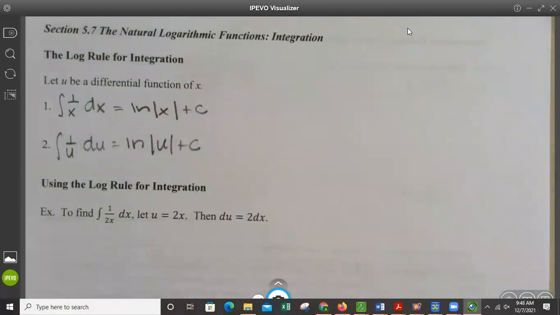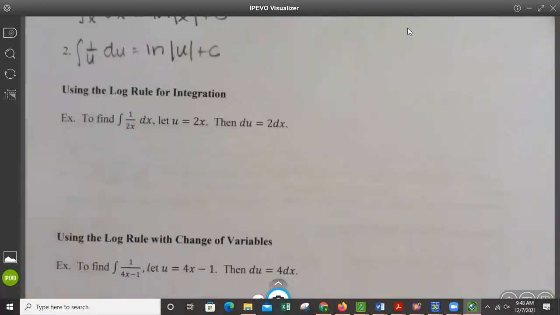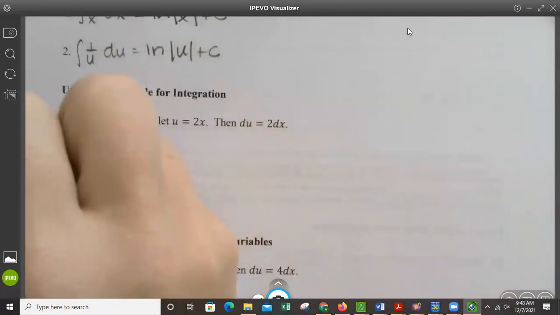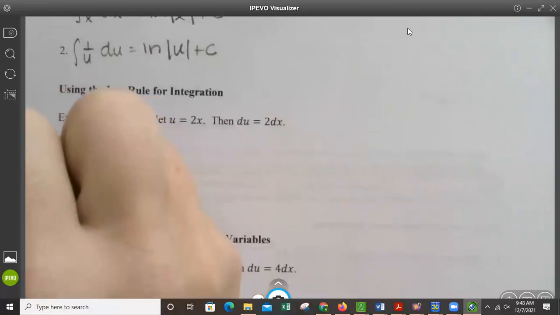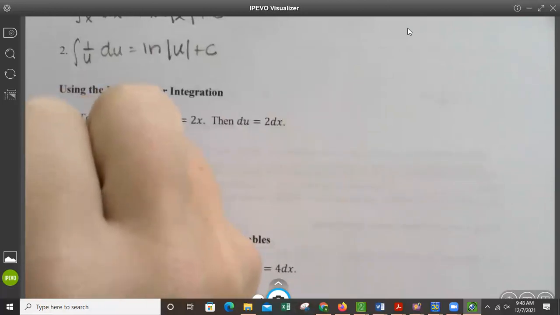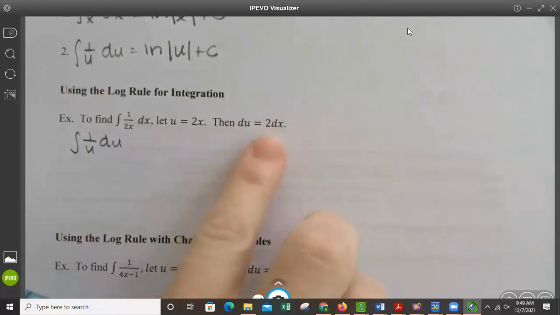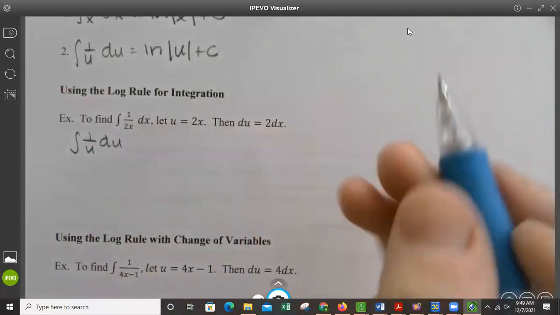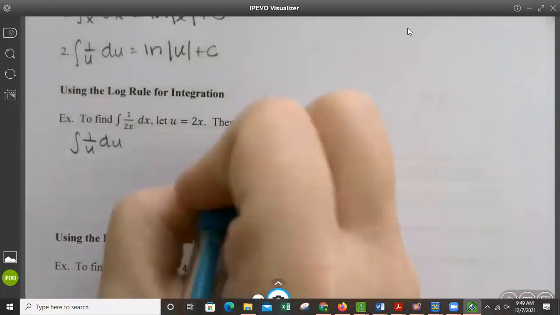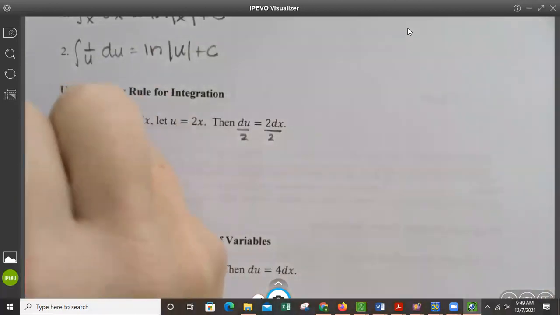All right, using a log rule for integration to find the integration of 1 over 2x dx. It tells you to let u equal 2x, and then we take the derivative: du is equal to 2 dx. So when we look at this, we want the integration of 1 over u du. But the problem is I have 2 dx, and I don't want that. So what do I need to do? I'm going to put that on the outside.